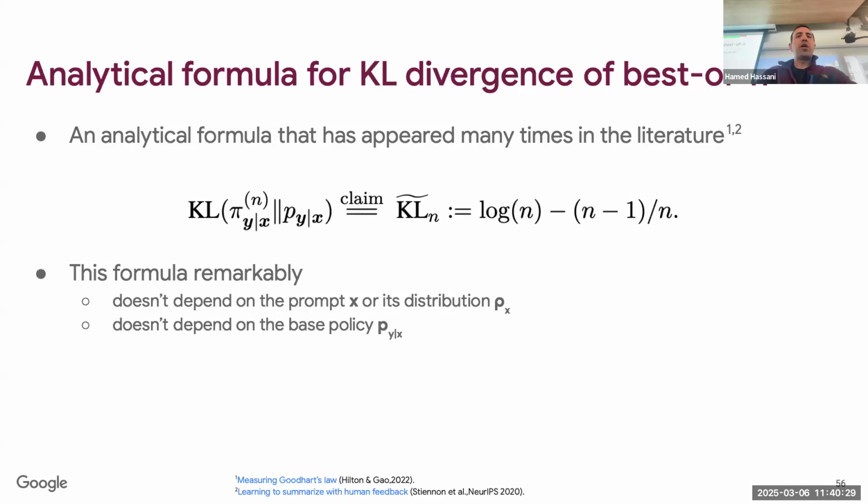And it turns out that there is a magical formula that claims that the KL divergence is just log n minus (n minus 1) over n. And the formula doesn't depend on anything, doesn't depend on the prompt, doesn't depend on the distribution of the prompts, doesn't depend on the model or anything. So then one logical question to ask is whether this formula is actually true.